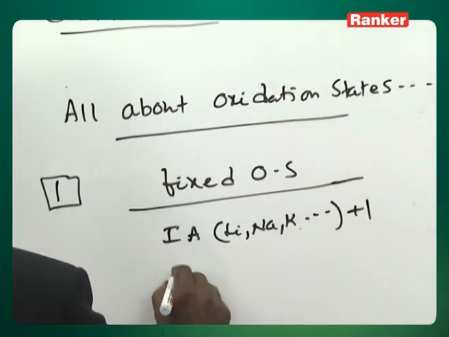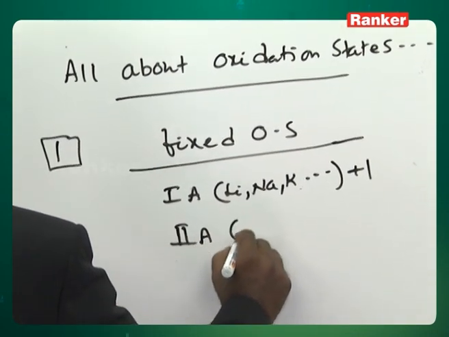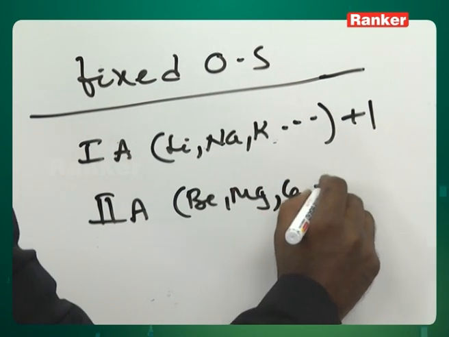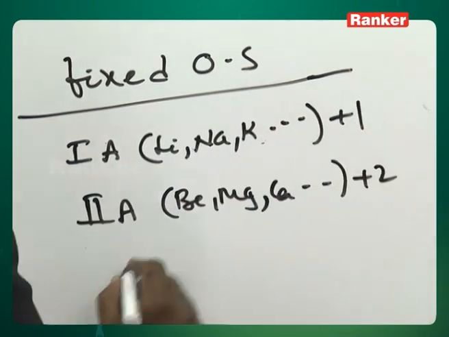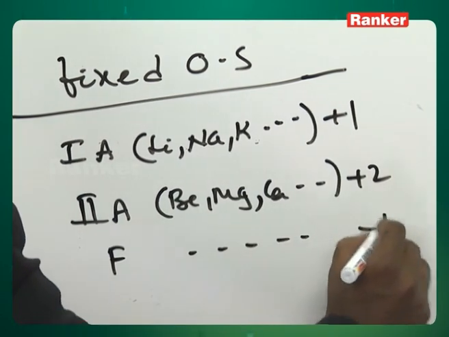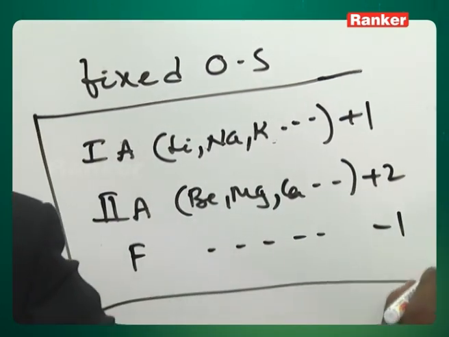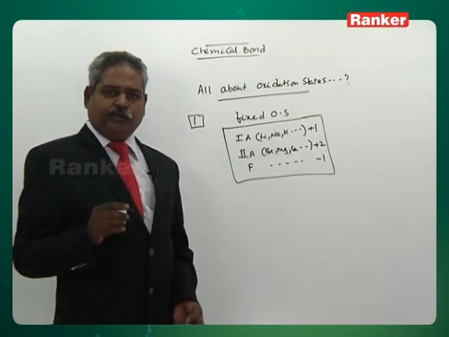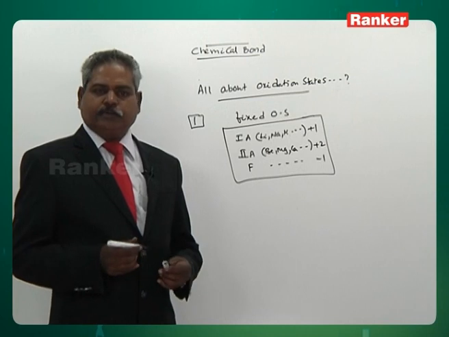2A, beryllium, magnesium, calcium, etc. always +2. And fluorine always -1. That's all. And of course, there are 1 or 2 others like aluminium always +3, zinc always +2.